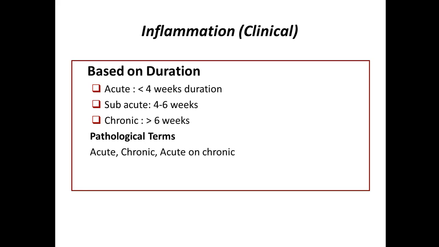So clinically, if inflammation lasts for more than 6 weeks, we say this is chronic inflammation. In between the two, there is a third type which is known as subacute inflammation, and we say it if it is more than 4 weeks but less than 6 weeks. At that stage, we say this is subacute inflammation.